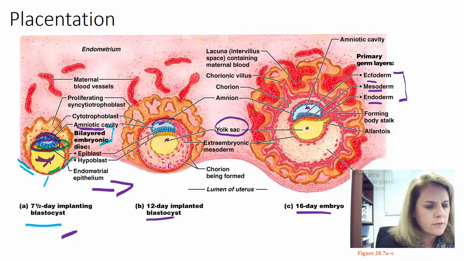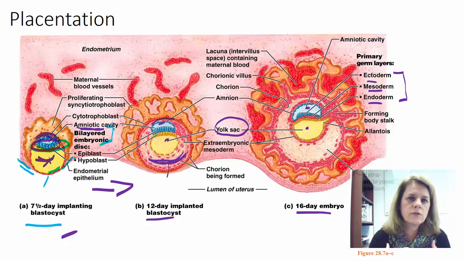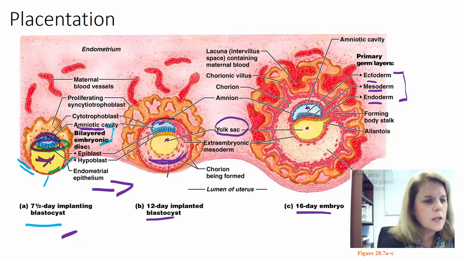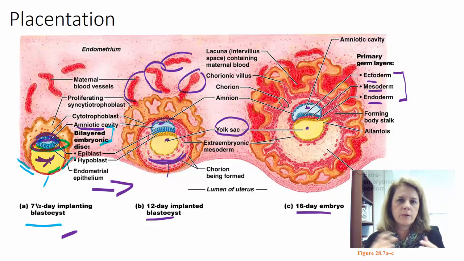You see that you're getting the formation of the chorion, and the chorion is going to be kind of the beginnings of what's going to eventually form and make the placenta. You see that inside the endometrium, blood vessels are starting to proliferate, so you're building more blood vessels here, so that the mother's blood and the blood from the fetus don't mix, but come into close contact with each other, so that gas exchanges and nutrient and waste exchanges can occur.